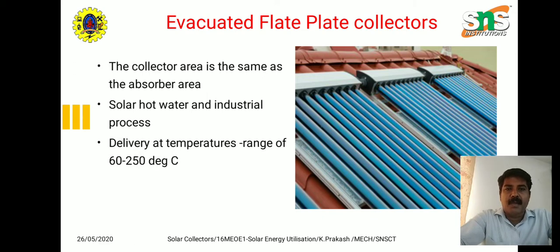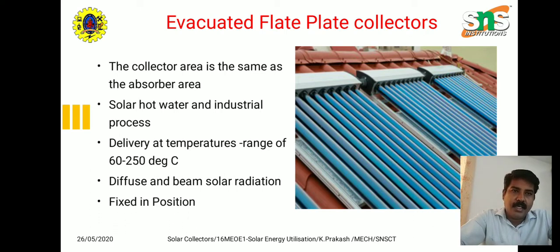The temperature may vary a little bit, and all the diffuse and beam radiation is collected. This is also fixed in position. In these evacuated collectors, the absorbed heat is taken inside through an evacuated pipe. The vacuum inside aids the transfer of heat.